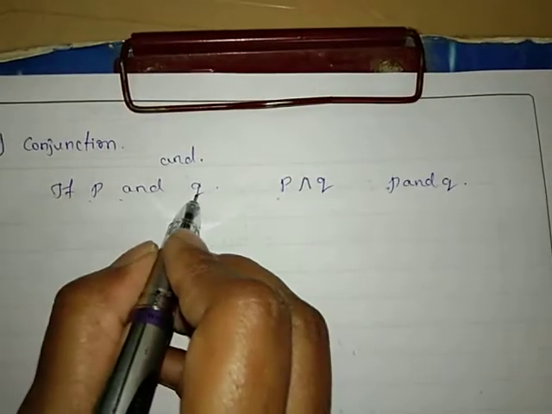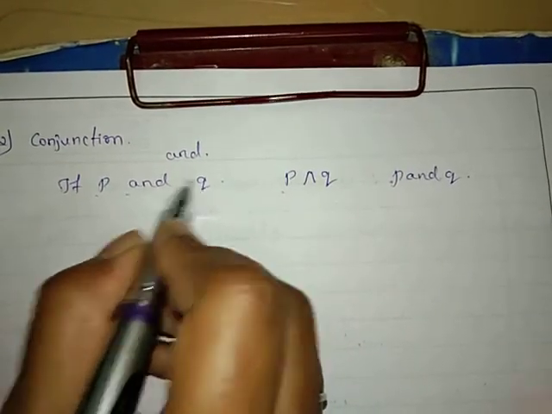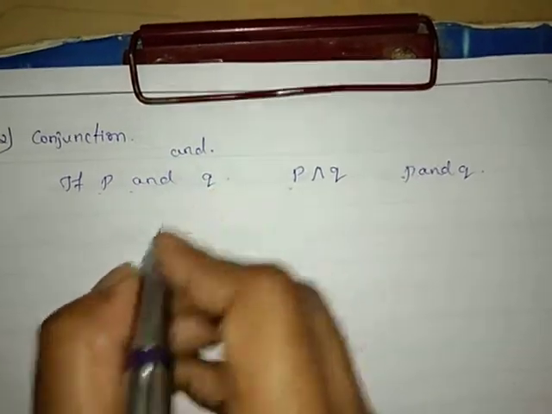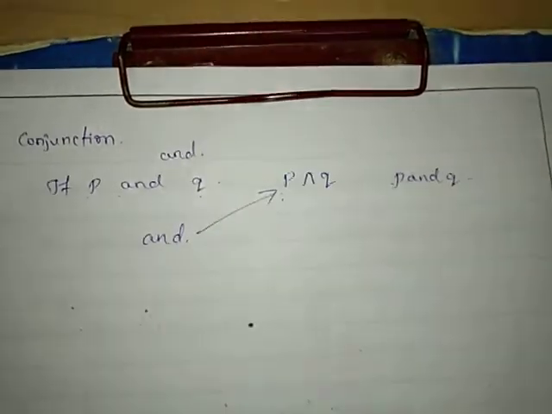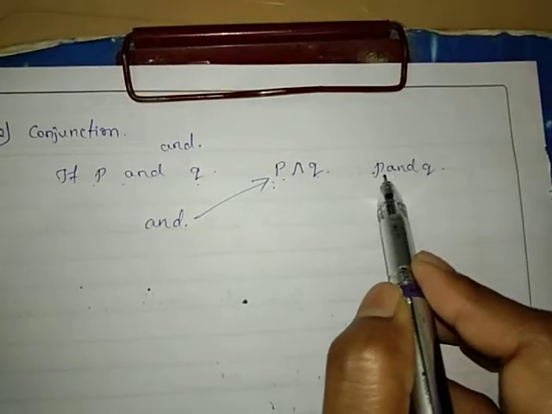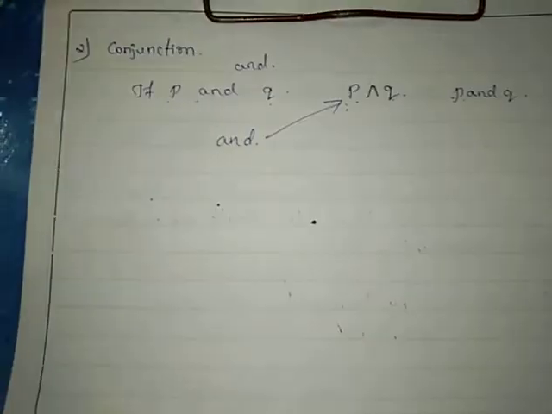If P and Q are two sentences or propositions combined by using the word "and", then it is indicated by the symbol P ∧ Q, and that is also read as "P and Q".